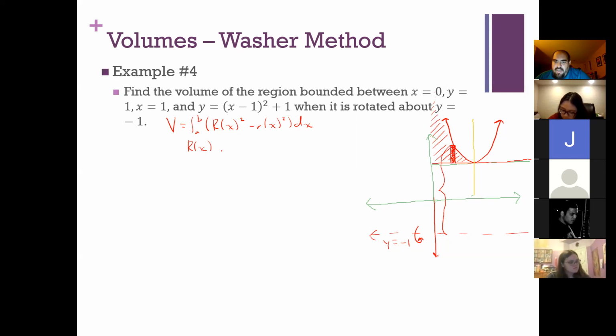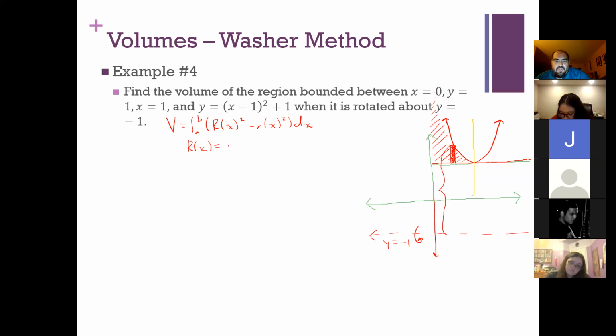Does anybody have an expression for that yet? Would it be that function plus 1?